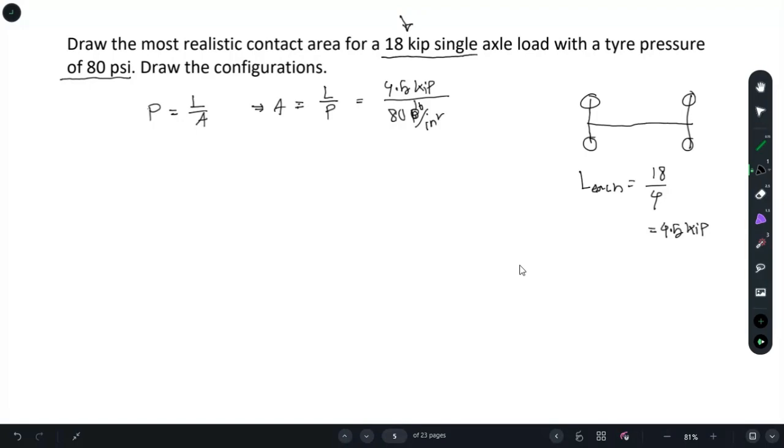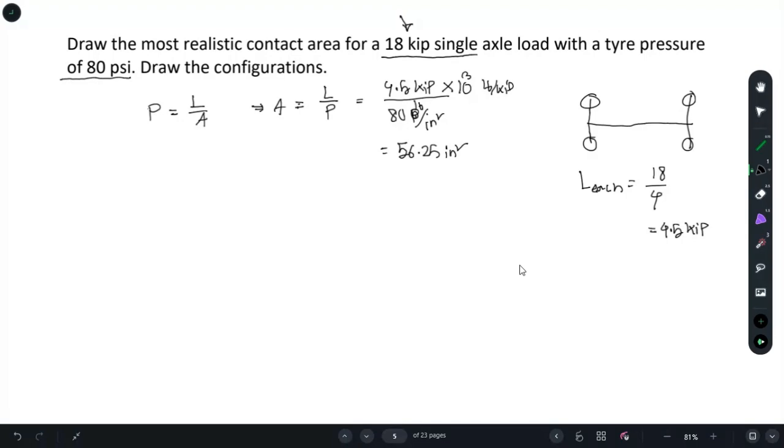So here I need to convert kip in terms of pounds. For that I will multiply it by 10 to the power 3. So we'll get a contact area of 4.5 times 10 to the power 3 over 80, which is 56.25 square inch.